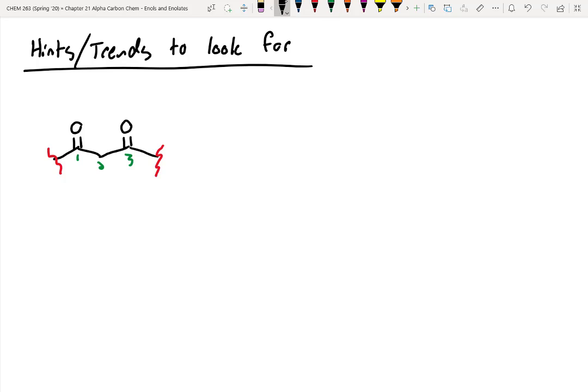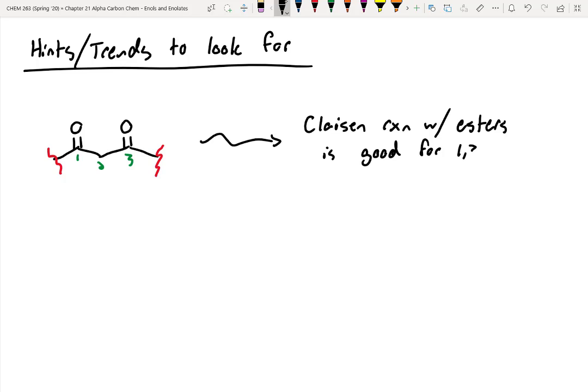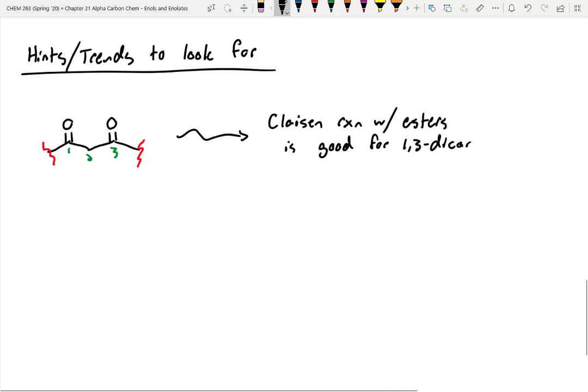If we ask ourselves, well, how can we make this? This can be made via the Claisen reaction. So Claisen reaction with esters is good for 1,3 dicarbonyls.